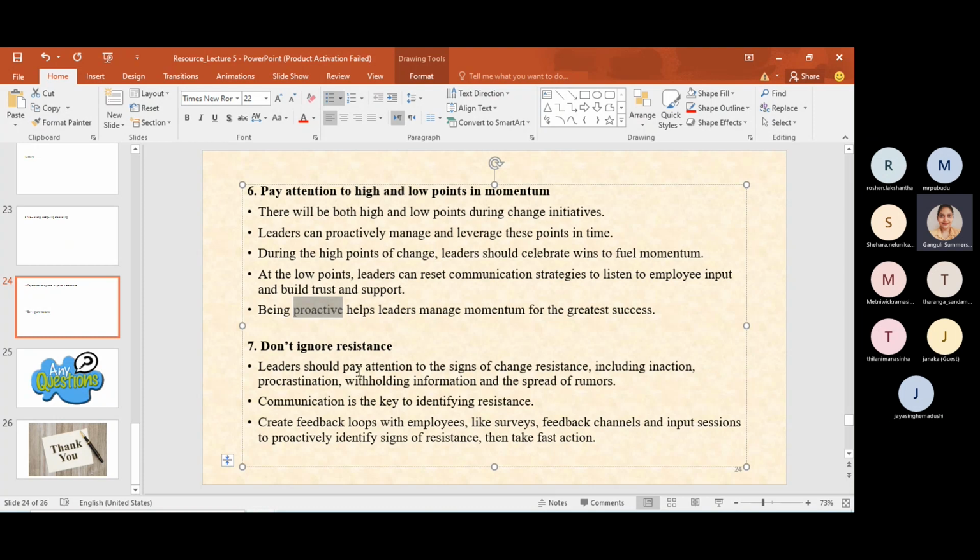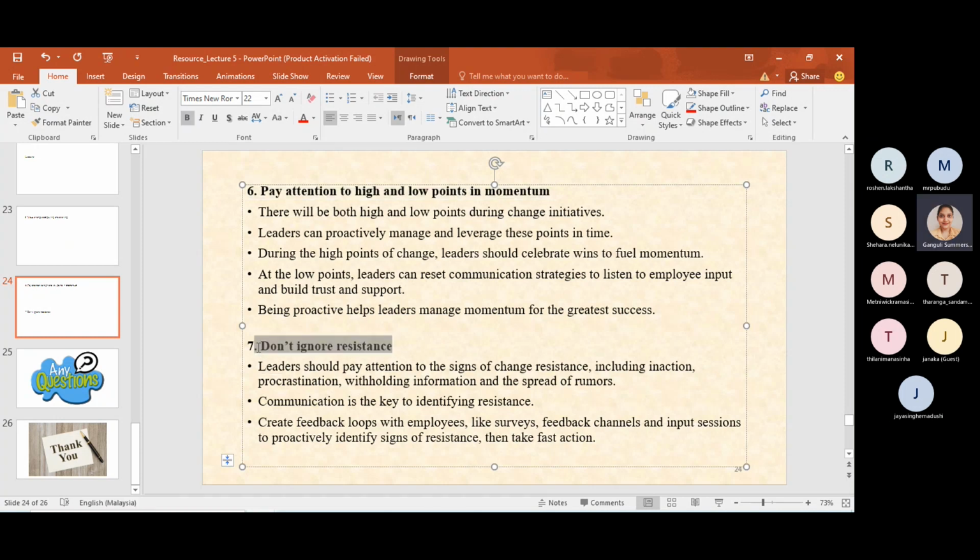You have to take the initiative instead of waiting for someone else to take it. That is another strategy that you can follow to manage the impact of change.